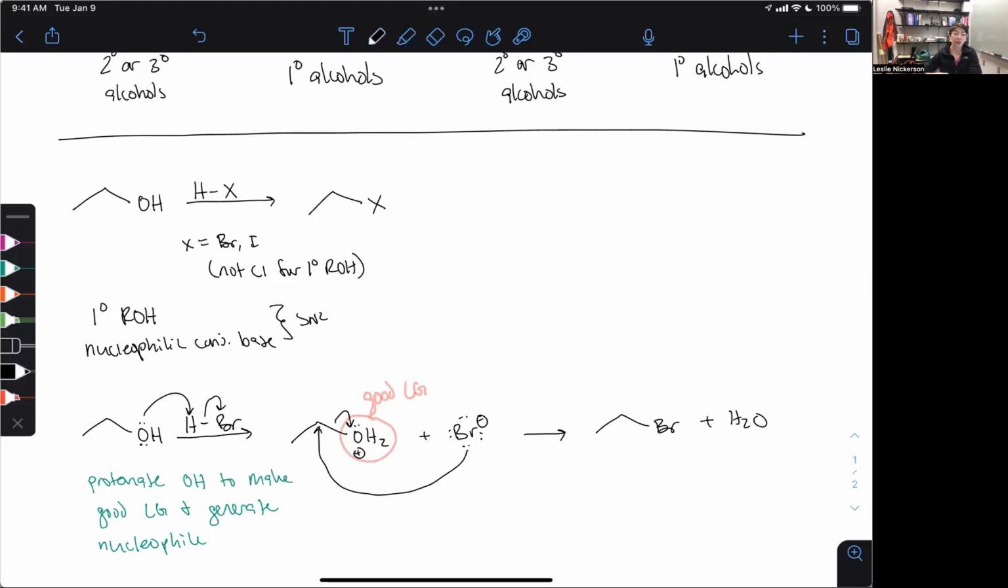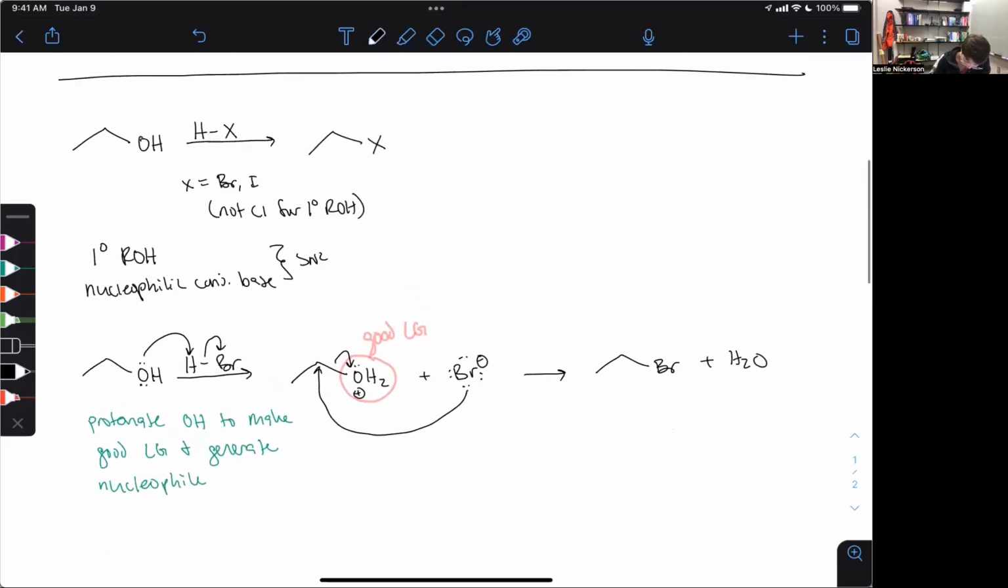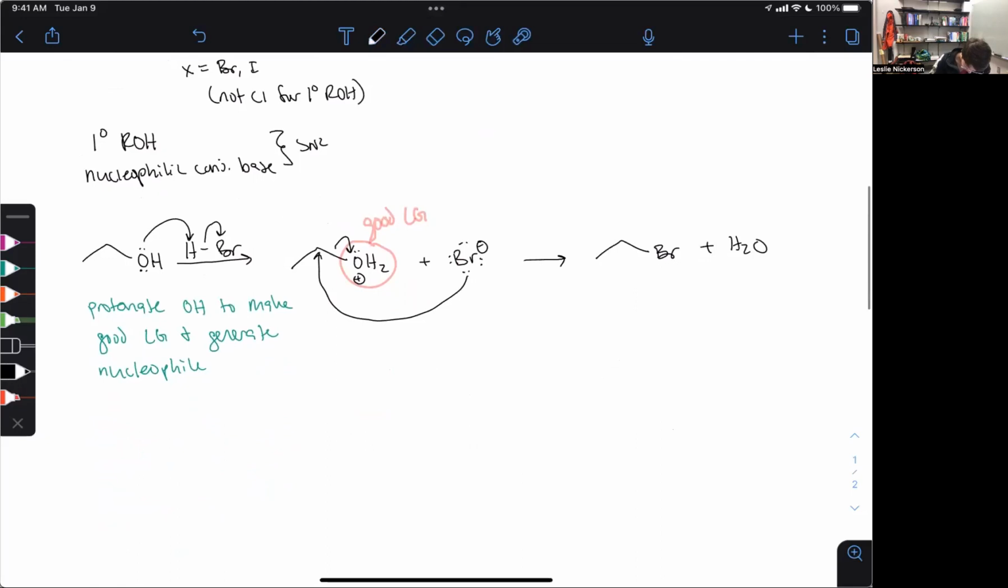So if we have a situation where we have a different type of alcohol, this was an instance of a primary alcohol, so let's look at a tertiary alcohol.